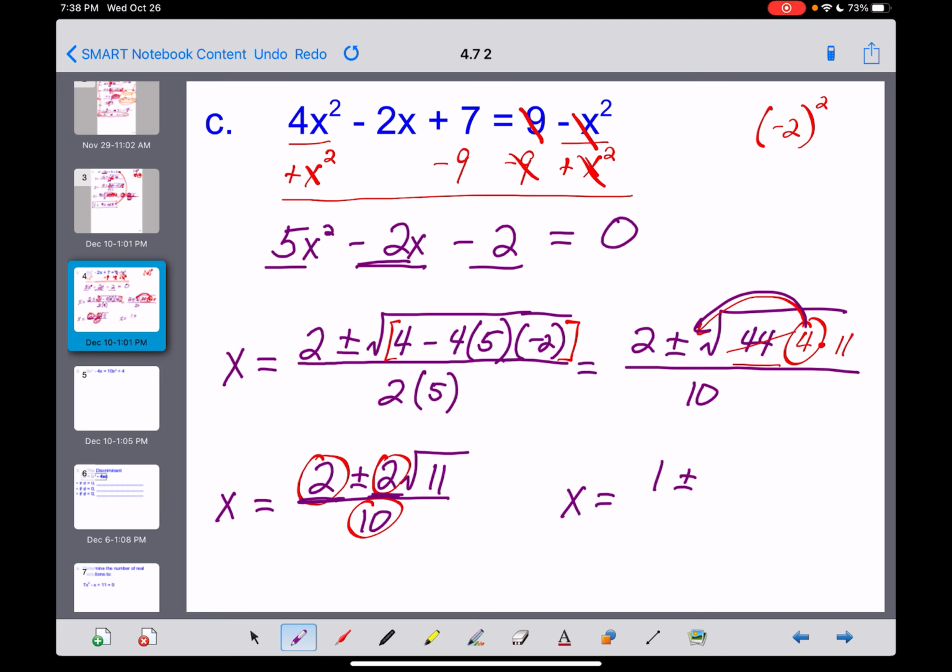We don't need to write that 1 there, though, because it just gets multiplied by the square root of 11, and there's no point in putting a 1 out in front of that. And the 10 in the bottom gets divided by 2 to leave us with a 5. That is not going to simplify any more than that. That's our answer here, guys. The two solutions that we came up with for example C, 1 plus or minus the square root of 11 over 5.